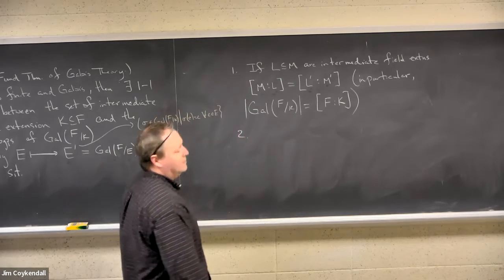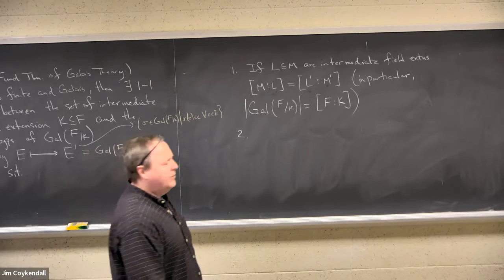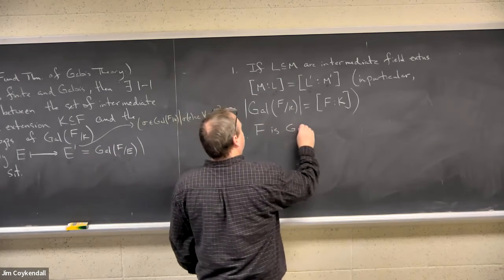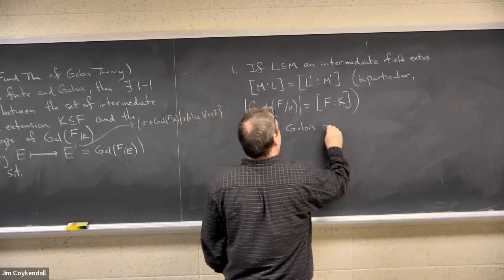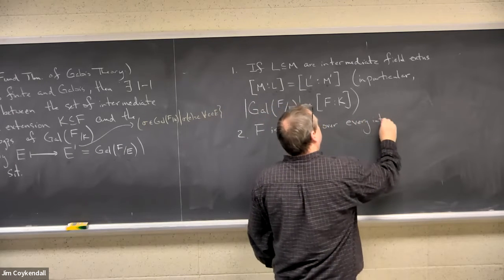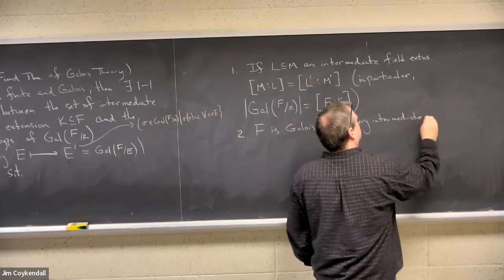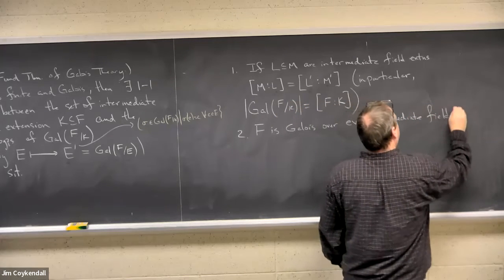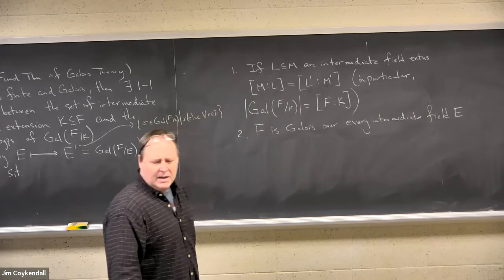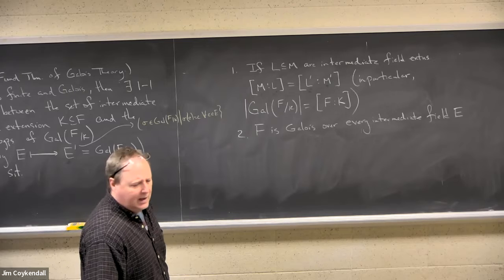And two, if F is Galois over every intermediate field E, so if you've got an intermediate field E, F is Galois over E, but E may not be Galois over K.